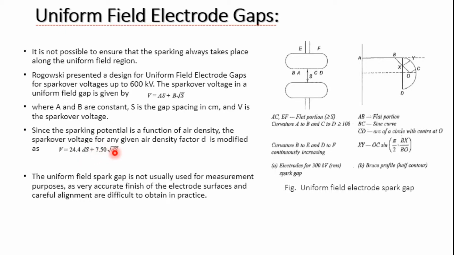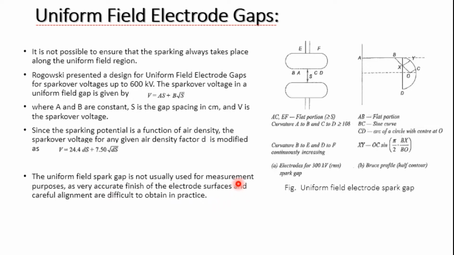Later it was found that with humidity the spark core voltage increases. The relationship for spark core voltage was modified with some other equation, which I'm not mentioning here. So the final conclusion is that the uniform field spark gap is not usually used for measurement purposes, as a very accurate finish of the electrode surface and careful alignment are difficult to obtain in practice.